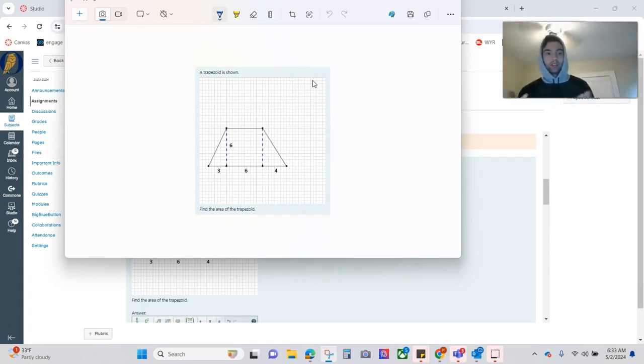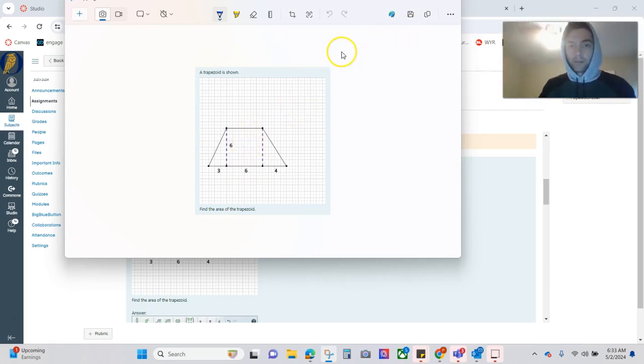We will eventually find the area of all the pieces of this trapezoid, but only start with one at a time. So what shapes do you see inside this trapezoid? Nice. A rectangular square, good. And two triangles. It looks like the triangles are different sizes, too. So two different sized triangles and a square.